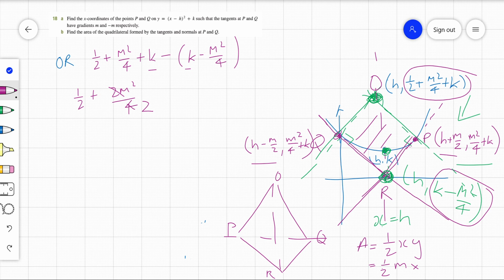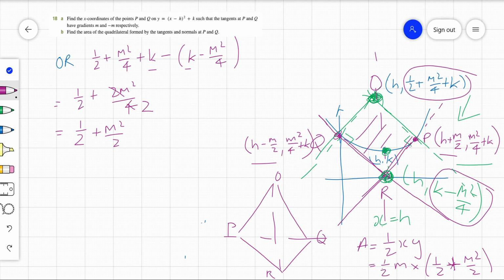Did my k's cancel? I think they did. All right, so hopefully we're correct. Half plus m squared on 2. So if I put that over here in this formula, I'm going to have half times m squared on 2.